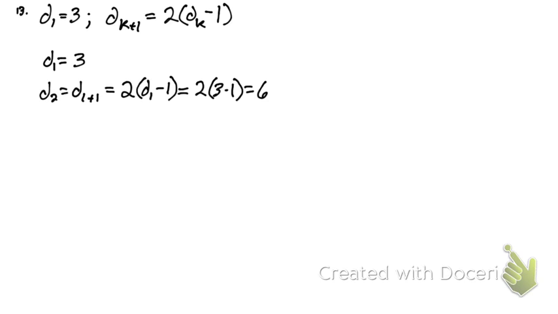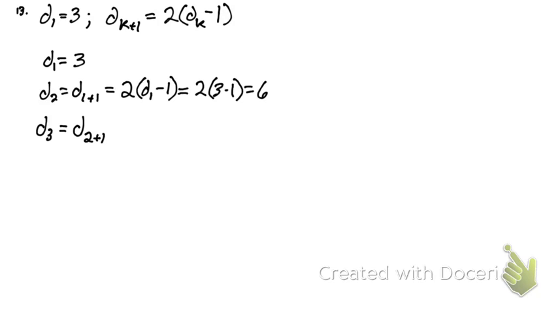When I get to my third term, following this pattern, it should be 2 times the term right before it, minus 1. Matching up with those k's, d sub 3 could be rewritten as d sub 2 plus 1. 2 plus 1 is 3.